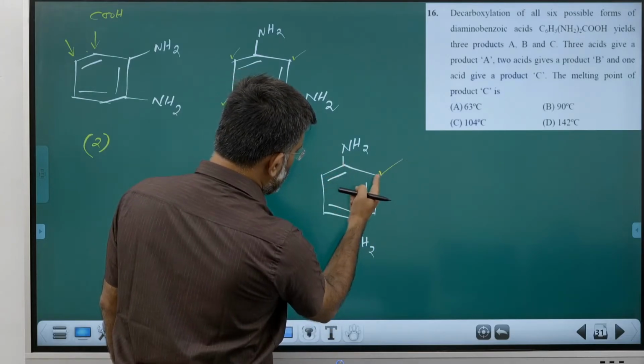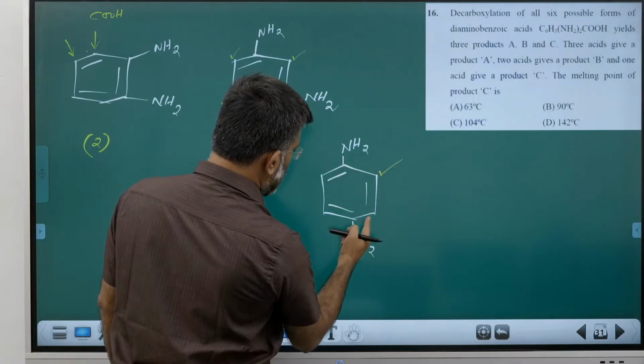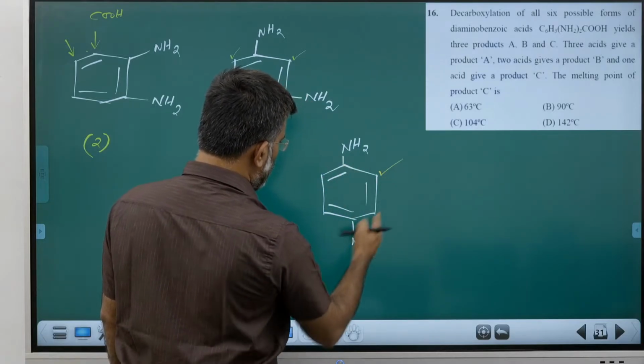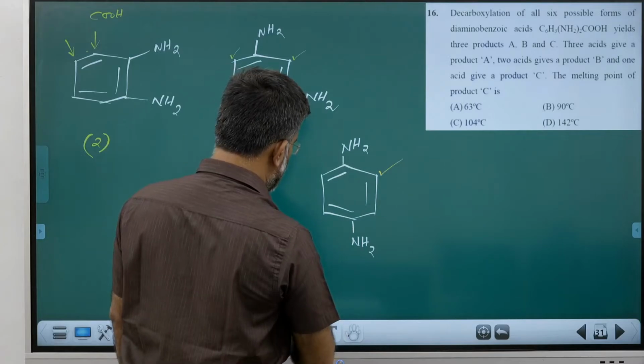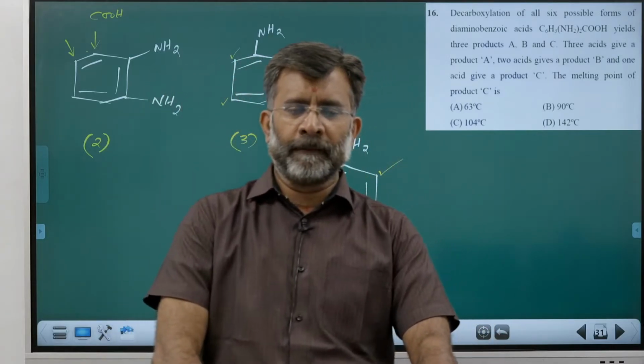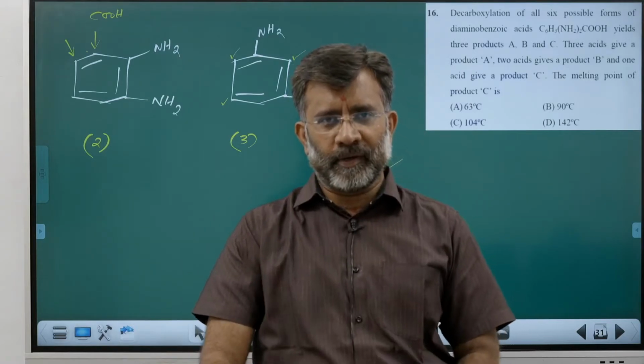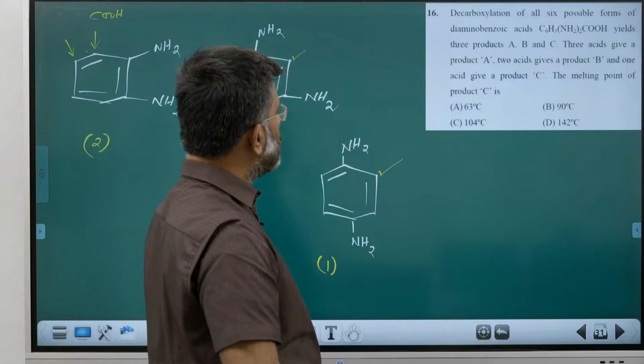Ortho to this, meta to this, meta to this. So all the positions are same, only one possibility. So you get one substituted COOH position. So finally we get 6 isomers. That is the main point we need to understand from the initial segment.